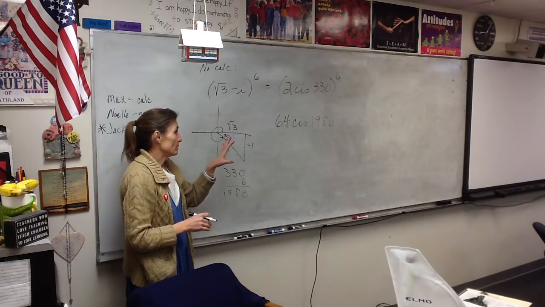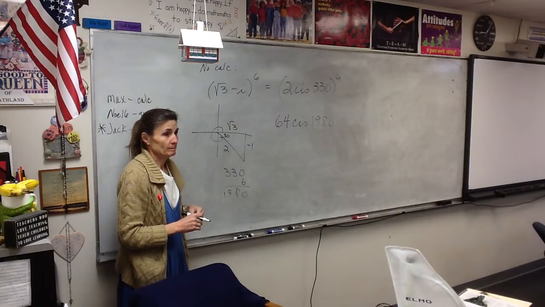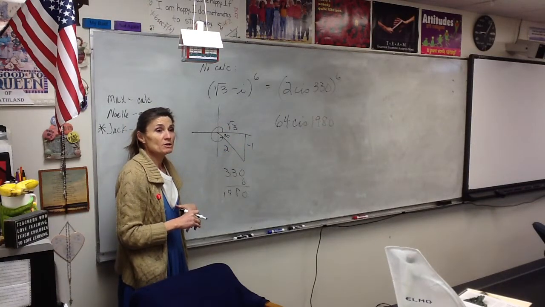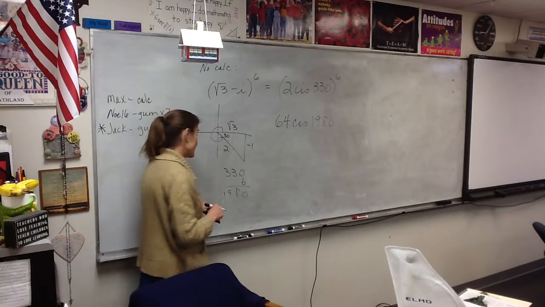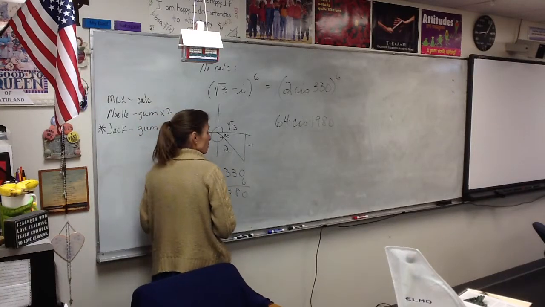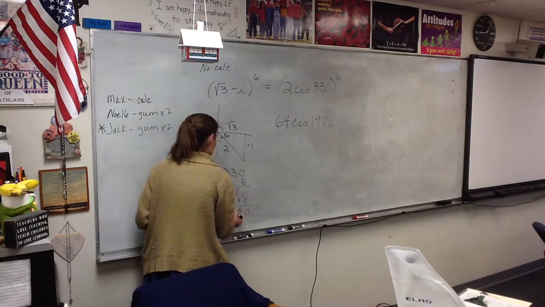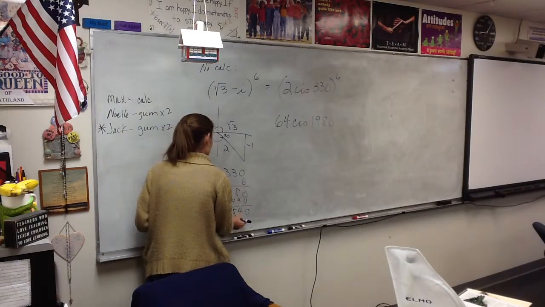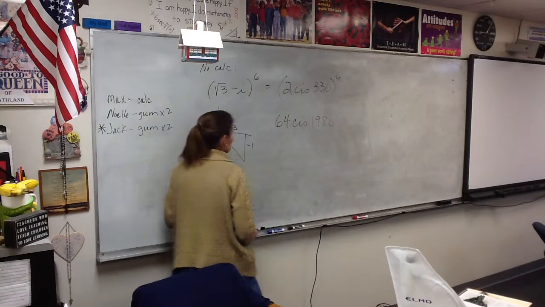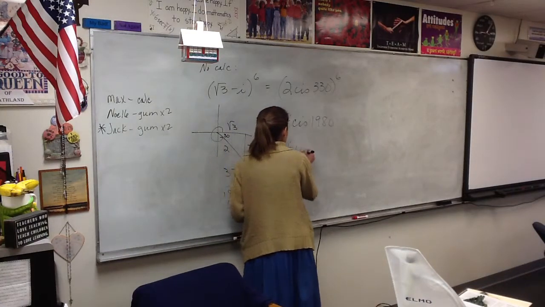Now, tell me about that. It's way too big, right? So I got to take 1980 and I'm going to pull out 1440. Shoot, it's still too big, so I'll take out another 360. Does that go all the way down to 180?